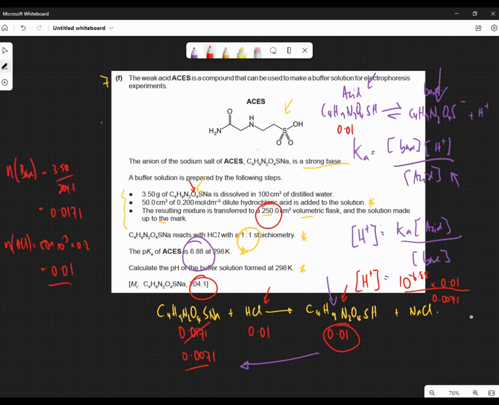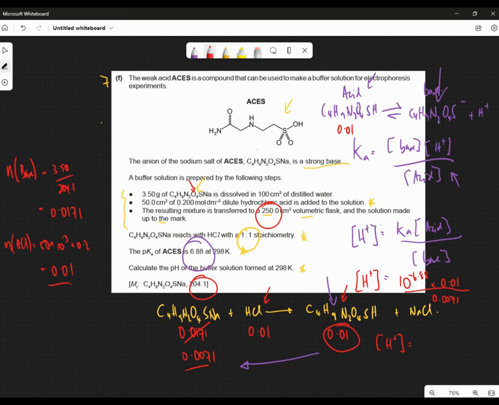Okay, so that's the H plus concentration. Let me use a calculator. I've done this already, but obviously I've deleted it. So it's 10 to the power of minus 6.88 times 0.01 equals that. Divide that. Oops, I've done that wrong. Sorry about this.